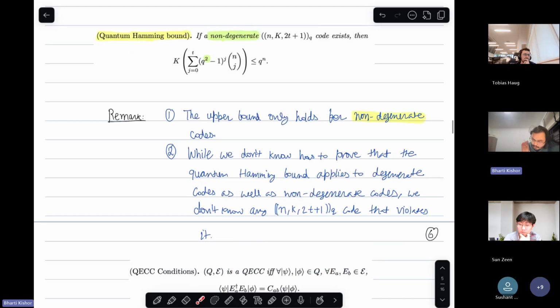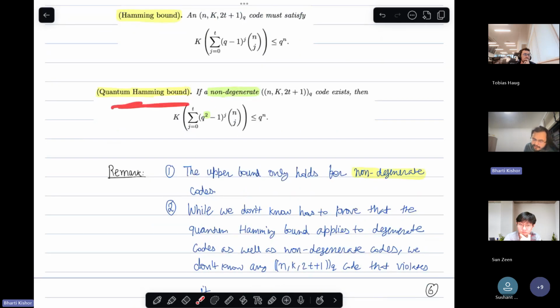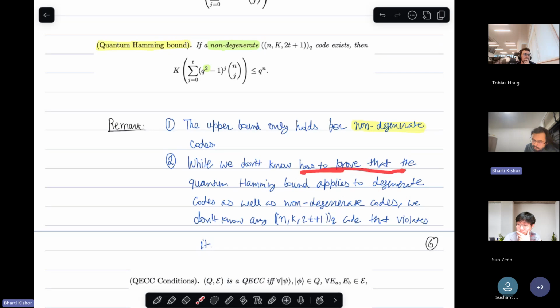Now note that this upper bound that we have in the quantum Hamming bound holds only for non-degenerate codes. While we don't know how to prove that this Hamming bound applies to degenerate codes as well as non-degenerate codes, we also don't know any example of a code that violates the bound.